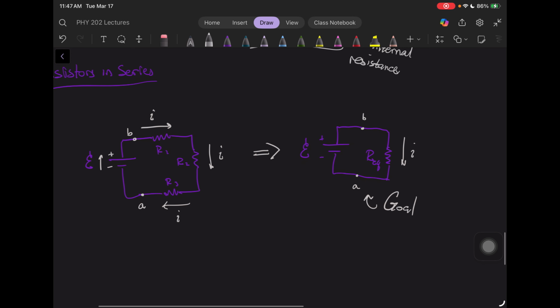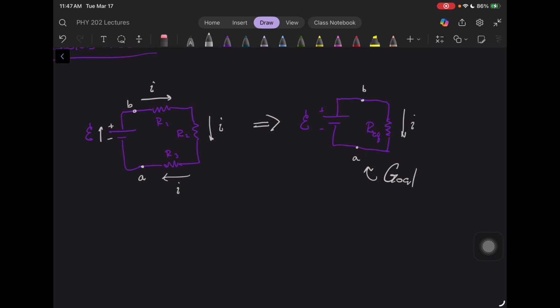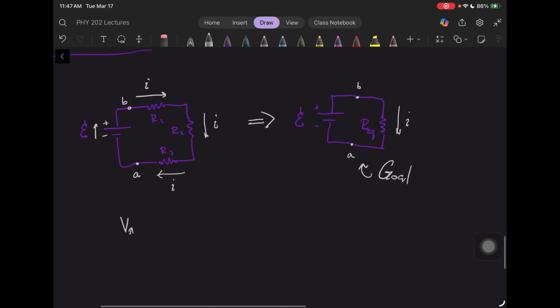And so, let's see, I guess we'll start at our point A. We're going to start at VA, and then we go up through here, so we have plus our EMF, and then we have minus IR1 as we go through this resistor, and then minus IR2, minus IR3, and that's equal to the potential at point A as well, right?